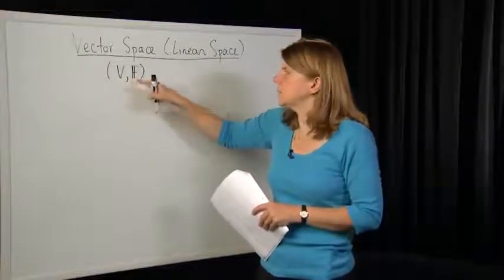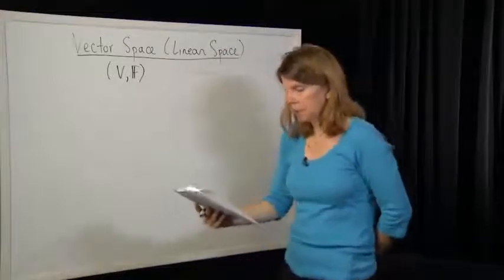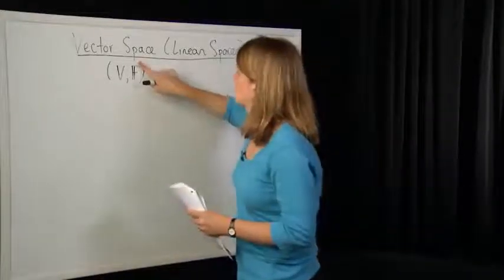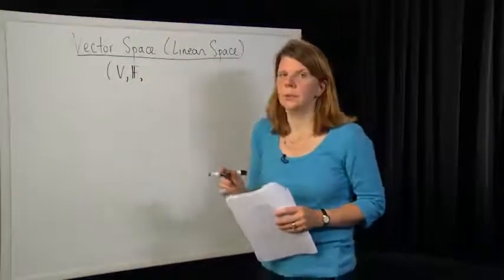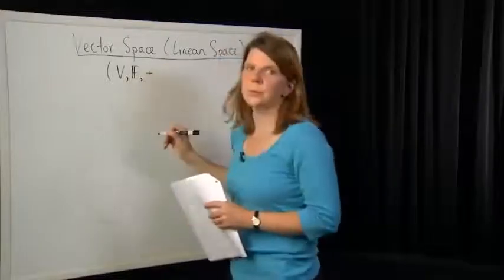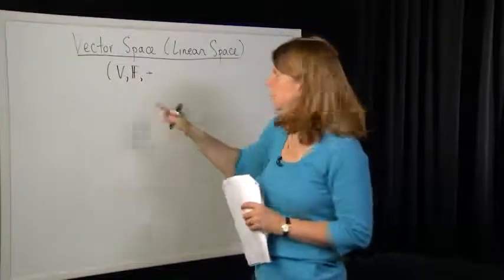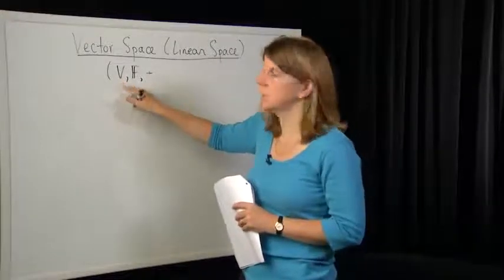And this field satisfies, of course, all the properties of a field. And then associated with that, not just the spaces, but we also associate two operations. And don't be confused, but I'm going to use the same notation that we used for a field. So we have a plus, but now this means vector addition.